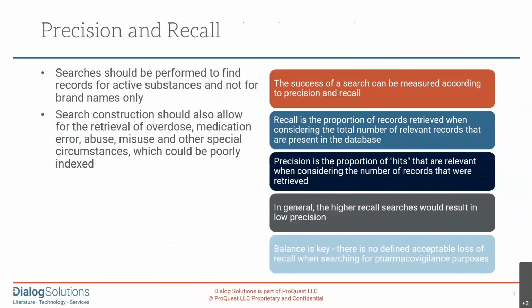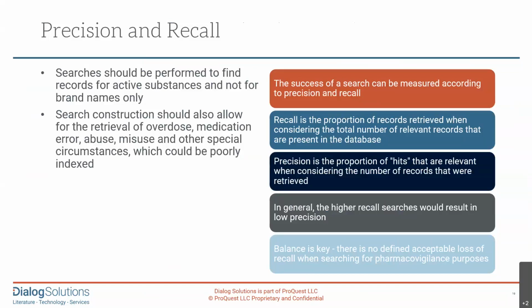Looking at the search now in more detail, just this thing about precision and recall. Precision is the number of hits that are relevant and recall is the general number. So you're looking for high precision when you're constructing these searches. And so the search construction needs to allow for retrieval of words such as overdose, medication error, and I would also recommend that you don't rely solely on indexing.